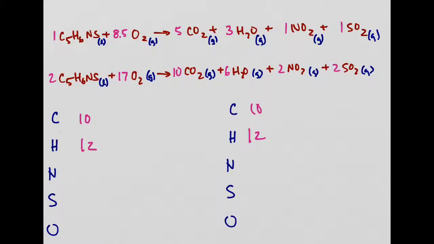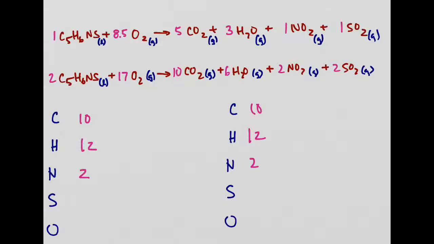In the case of nitrogen, I have only a subscript of 1 associated with the nitrogen, but the coefficient's important. So 2 times 1 means that I have 2 nitrogens on this side. And again, over here you have a coefficient of 2, subscript of 1, so 2 times 1, or 2 on my product side. So again, reactants and products balance out. We have not broken any laws of physics in this process.